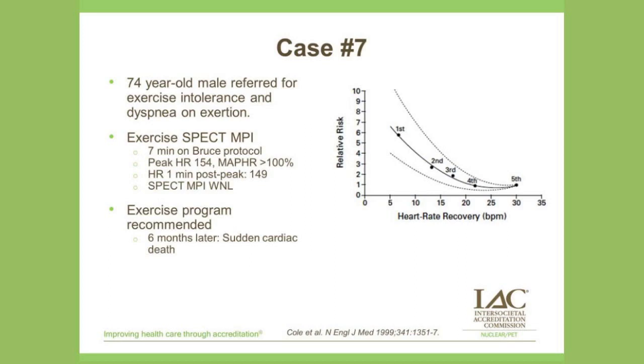This was a 6-year mortality analysis. And you can see that if you had less than a 10 beat per minute recovery, and really almost less than 15, your relative risk was very substantial for mortality over the next 6 years. So this is another prognostic marker that we get from our exercise stress testing. And this was our impaired heart rate recovery case.